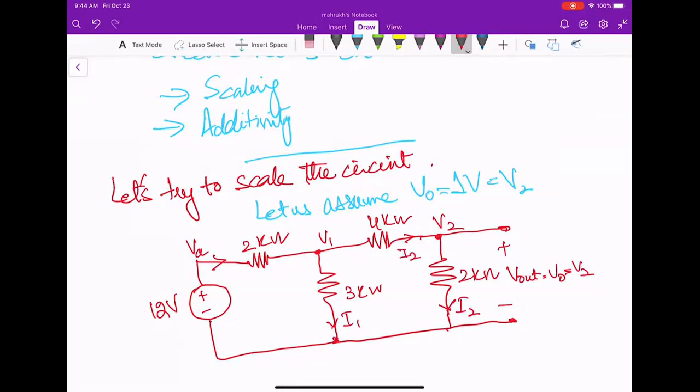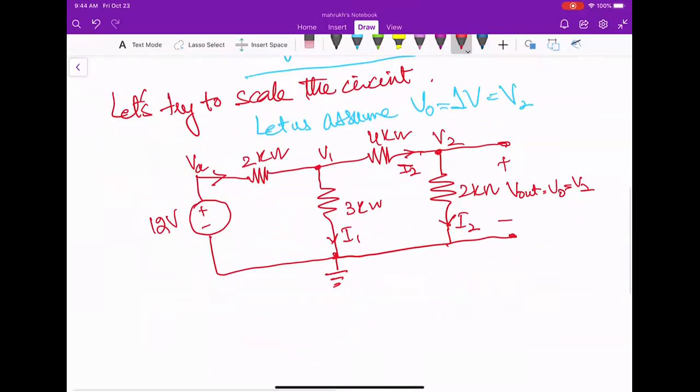Do you think the same I2 is flowing through 2 kiloohms and 4 kiloohms? Yes. Okay. So we have assumed that V out, V2, V naught, or whatever you call it, is 1 volt.